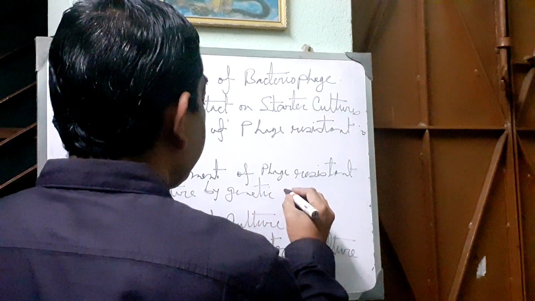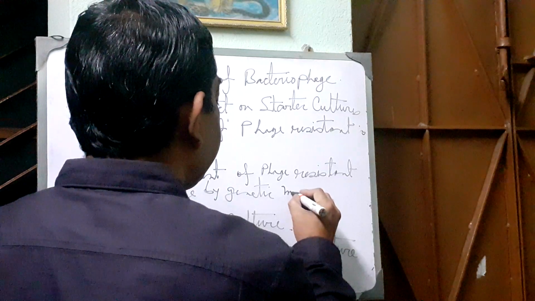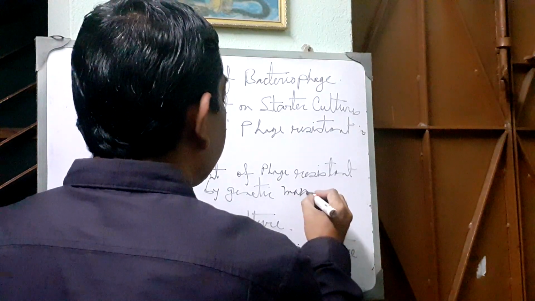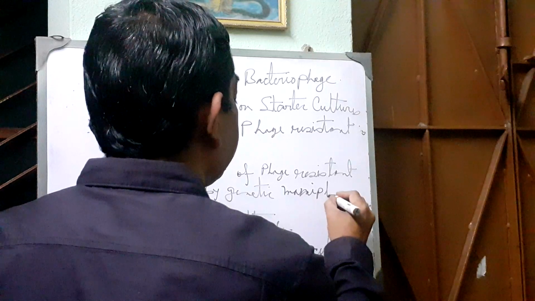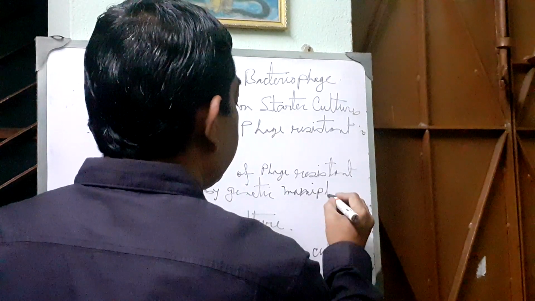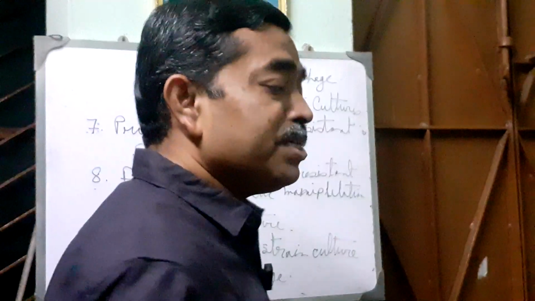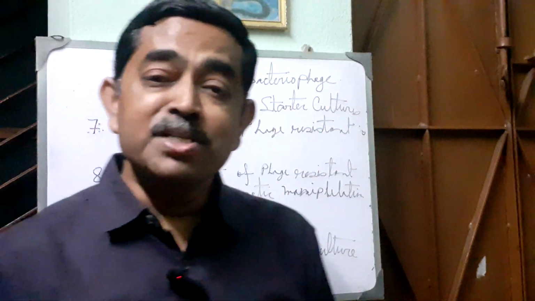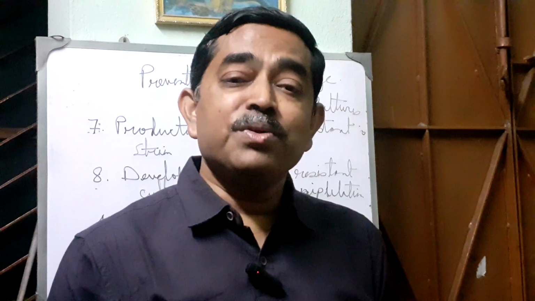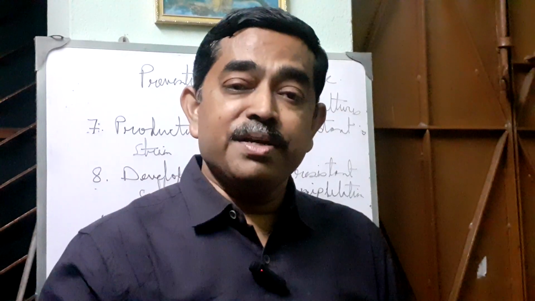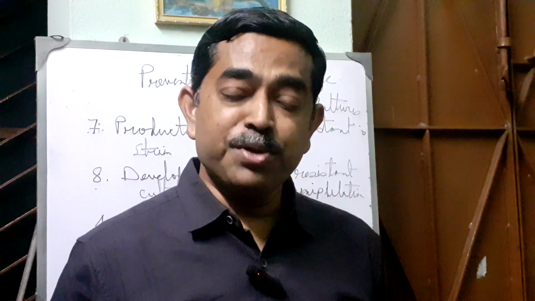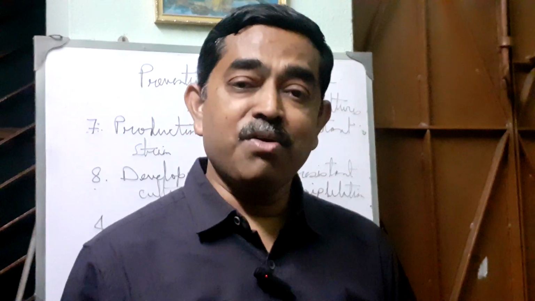Through genetic recombination, we can integrate the phage resistance gene into the starter culture, so that they can protect themselves from phage attack.